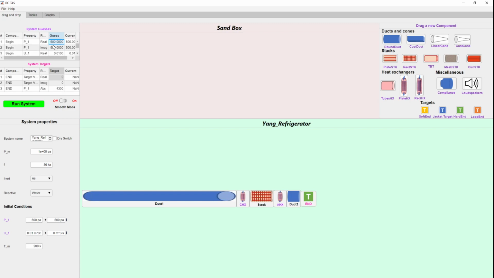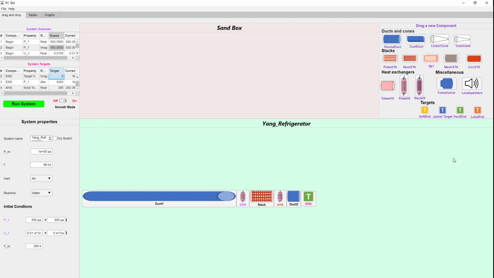So in our case, all these guesses have the current values that we specified as a guess. And here for the target, we wanted to change it to 4,300, so we changed it here. This is the target. We also want to target the solid temperature of the ambient heat exchanger. So we're going to add a target here, solid temperature. And we said it was 295.